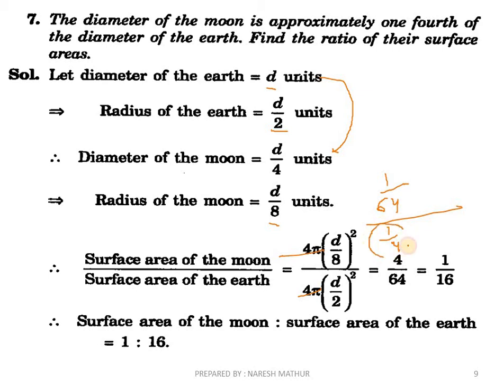For solving this, we just take the reciprocal and it becomes 4 by 1. After solving it, we get the ratio of the surface areas as 1 by 16. It means the ratio of the surface area of the moon and the earth would be 1:16.